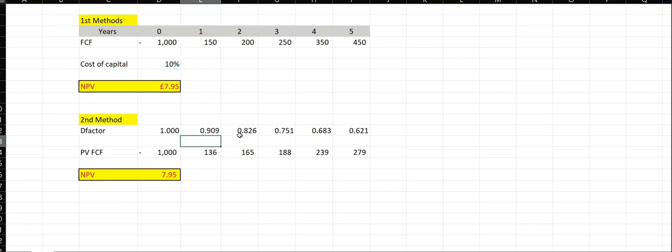Likewise you can take the power 2 until year 5, power 5. So thereby you will get the discounting factors. Then you identify the present value of all the free cash flows. Then we have to take the net amount of the cash inflows and cash outflows. So this will be the net present value. So these are the two methods where you can calculate the net present value.